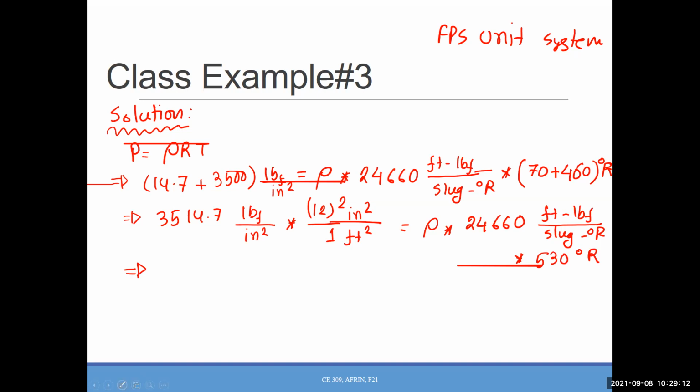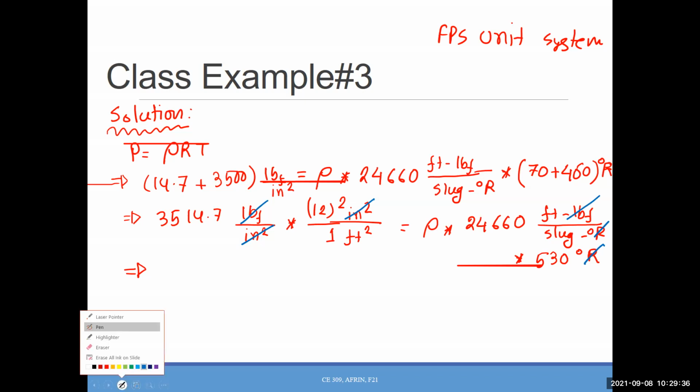Now what I can do now is cancel some units, right? I can cancel this Rankine. I can cancel this inch square, and from both sides, since everything is in multiplication form, I can cancel pound, right?